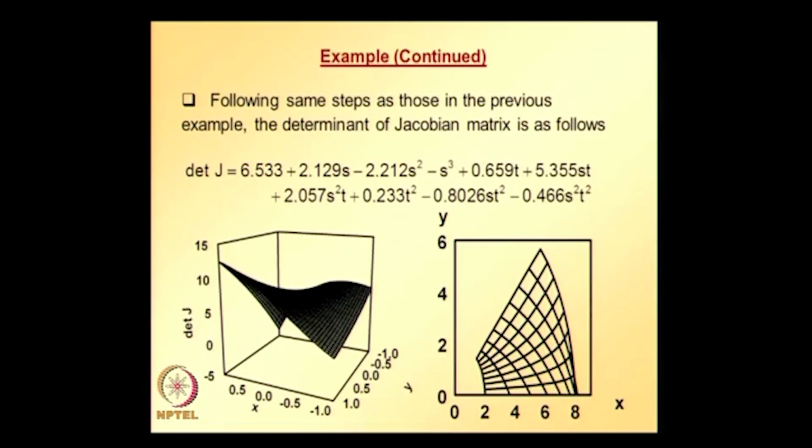A fold can be observed. So, that shows that the mapping is not good. The plot of the element produced from the mapping clearly shows that there is some problem with the mapping.